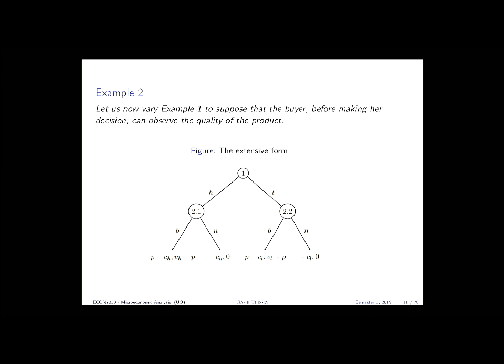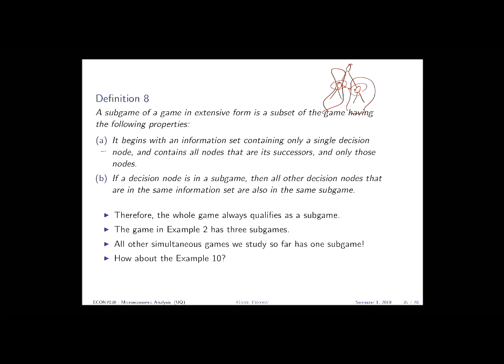Before I proceed, there is a corollary I need to read: the whole game is always a subgame, because the whole game starts with a single decision node. You cannot have a game starting with two decision nodes, and it includes all the successors. Therefore, the whole game is always a subgame.